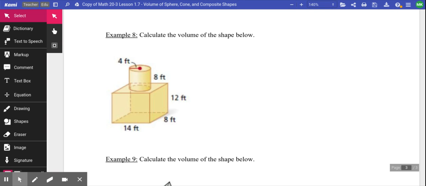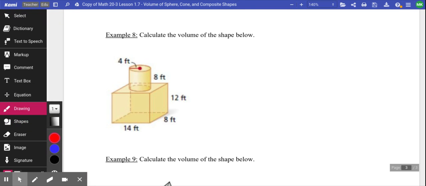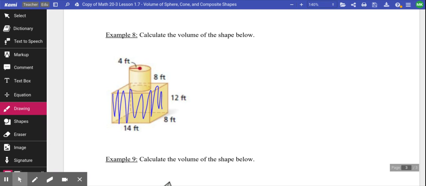So when you're doing a composite shape for volume, try to just picture which shapes you have. In this question, we clearly have a cube. Do one and then do the other. Yeah, David, up here. We gotta learn. The cube is clear as day.